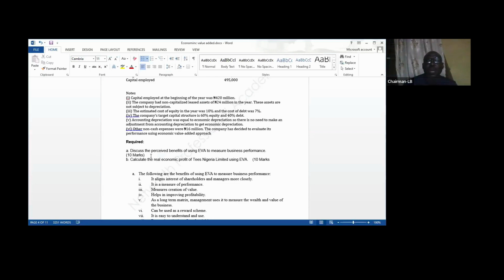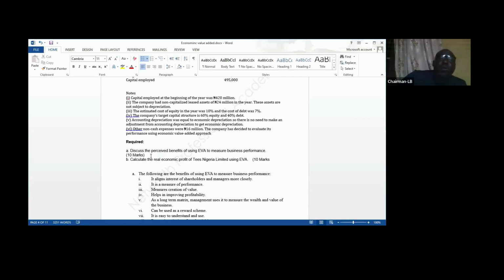What are the advantages? 1, it aligns interests of shareholders and managers closely. What are we trying to say? Economic value added is directly linked to wealth maximization objective. A company is in business to maximize the wealth of the shareholders. Economic value added is directly linked to the wealth maximization objective of a business entity.